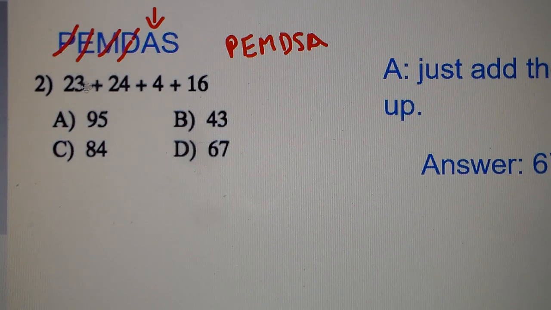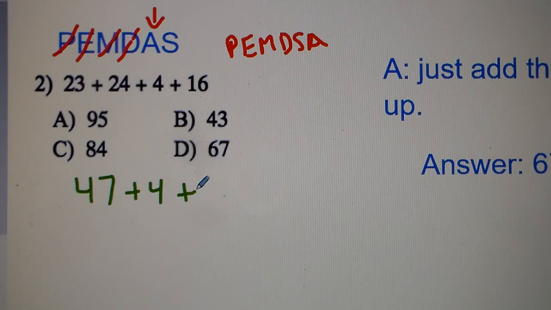So we got addition here, and all these happen to be addition, but how we add them up does matter. We first got to add up these two numbers from left to right. So 23 plus 24 is 47. Then once we have 47, we got to add the 4. And then we got to add the 16.